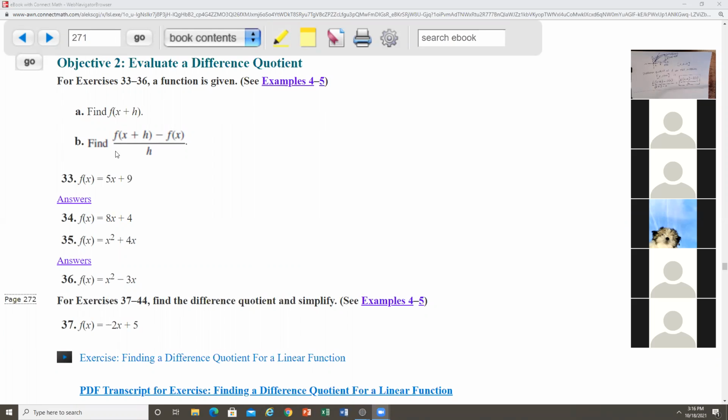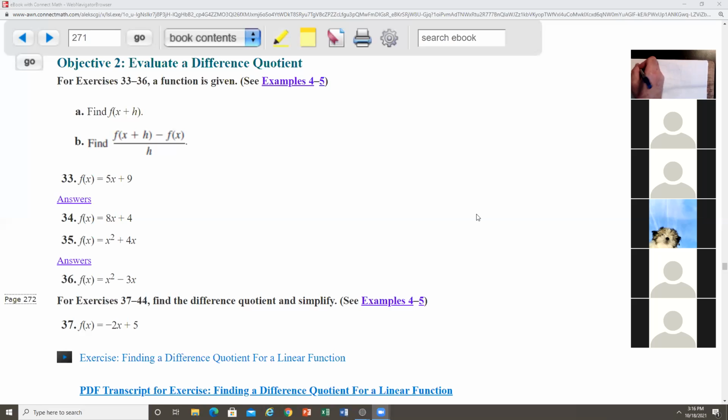They want you to find the difference quotient in part B for each of these functions here. And I am going to demonstrate that for one of these functions, maybe like number 36. We'll look at this quadratic function and we'll try to compute the difference quotient for it. And the difference quotient is this ratio right here, this quotient. All right.